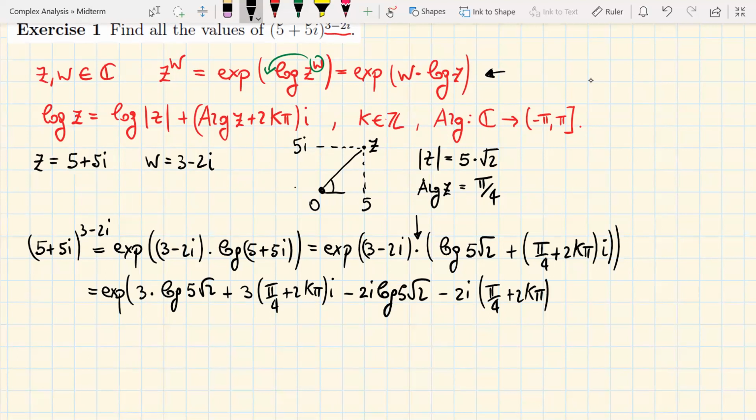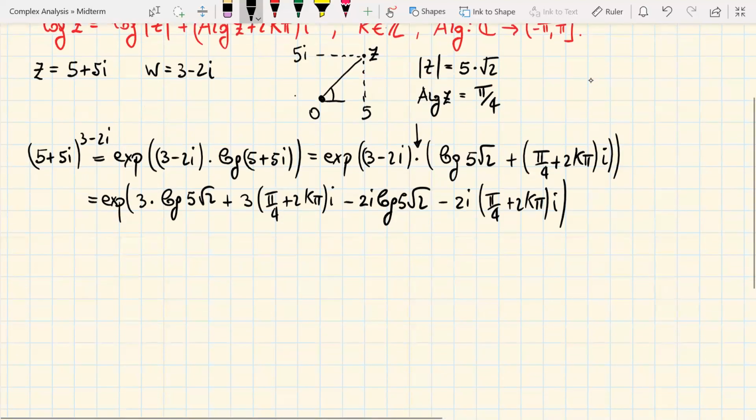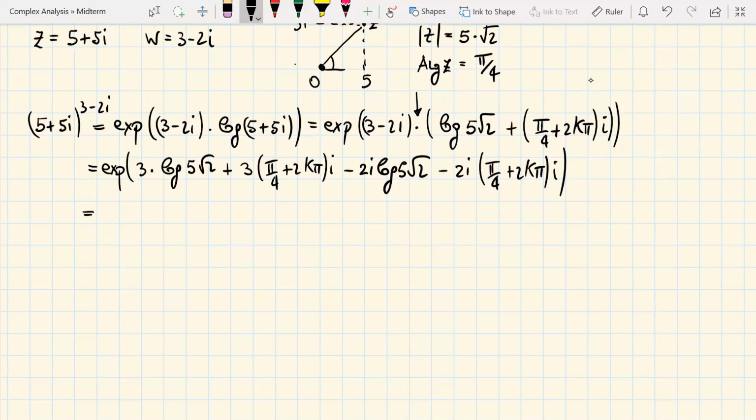Okay, so let's put the real and imaginary parts together. So the real part is given by the first and the last term because we have i times i equal to -1. So the real part is 3 logarithm of 5 square root of 2 plus 2 times (π over 4 plus 2kπ).